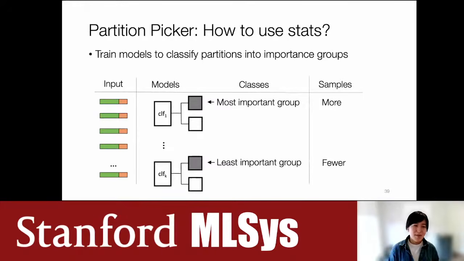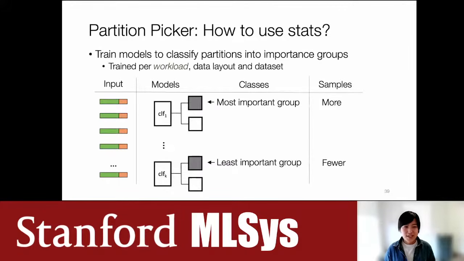I'd be happy to chat more about why we chose this specific learning problem formulation in the Q&A, but for now I would just say that we do this training for each query workload, and we only consider generalization to unseen queries in the workload, but we do not consider generalizing to unseen data layouts or datasets.